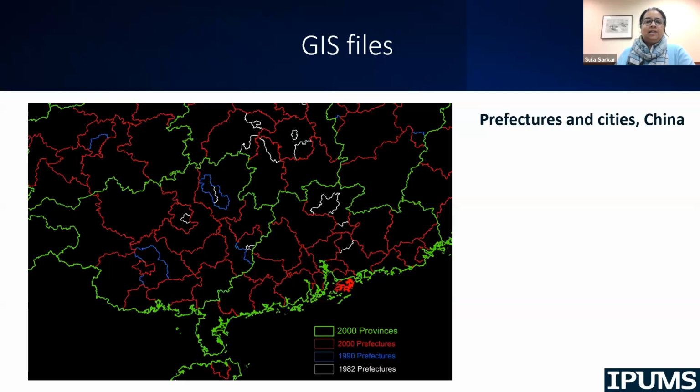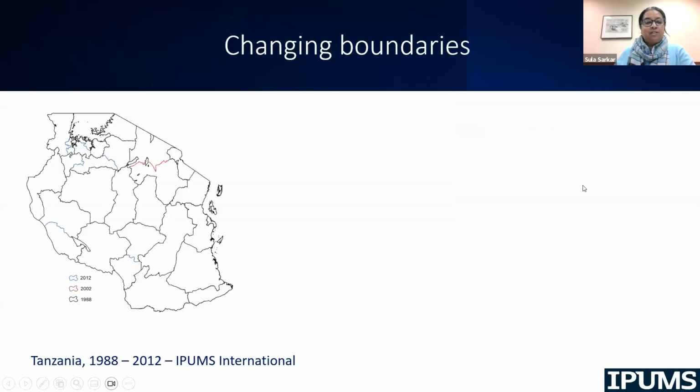So let's take that into the real world. Here's a map from China, and the green ones are the provinces, administrative level 1. The red, blue, and white are the 3 census years. If the boundaries were all the same, you would have only seen a single color or a single line. But the fact that you are seeing all 3 colors means that there have been changes and shifts in boundaries.